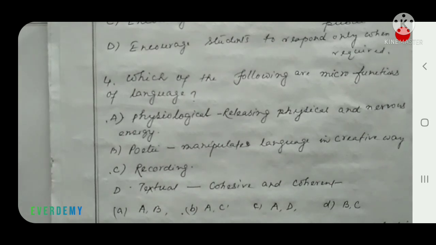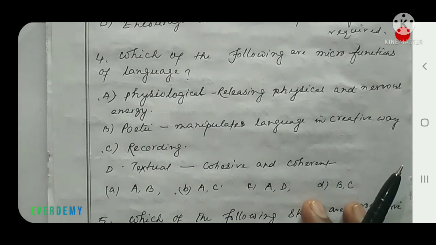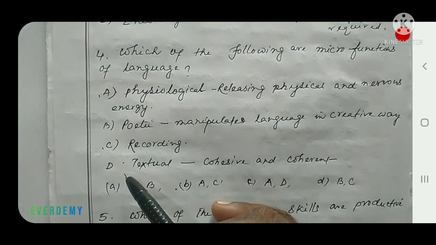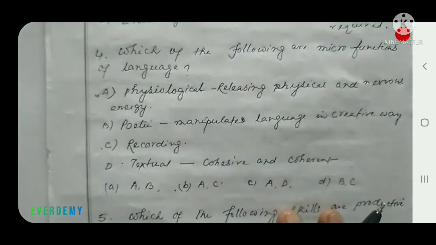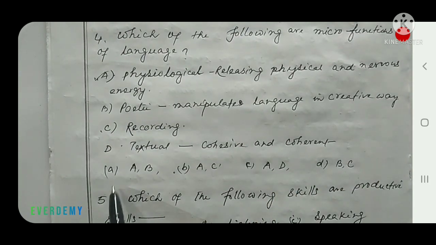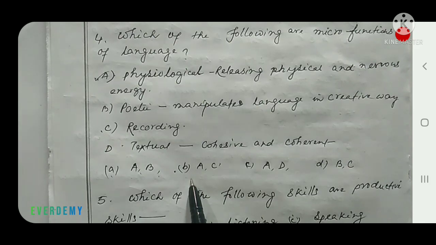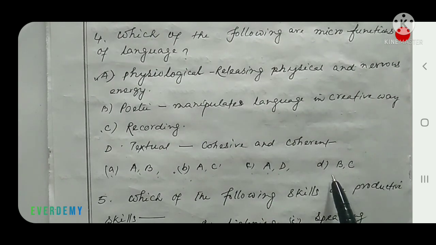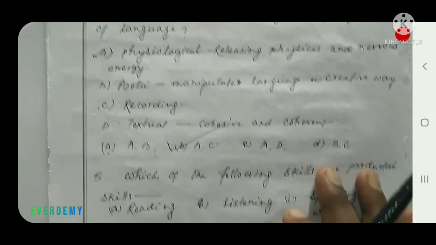C, recording, this is a microfunction. Then D, textual, cohesive and coherent, these are the macrofunctions. So A and C are the microfunctions of language. So B is the correct answer, A and C.